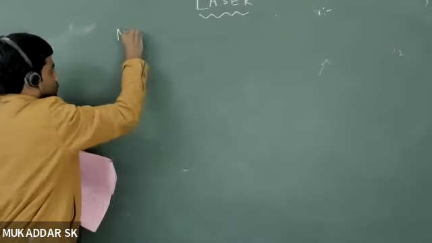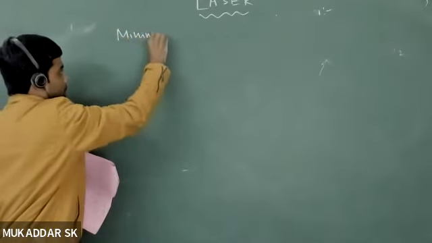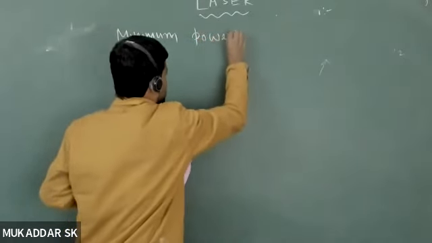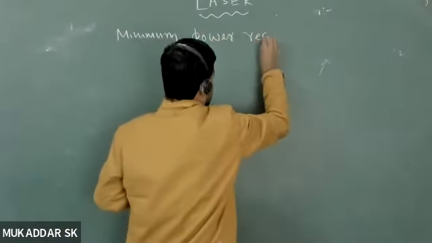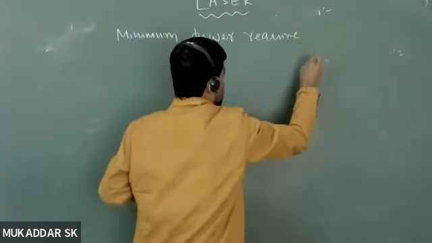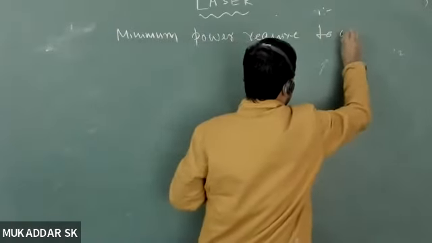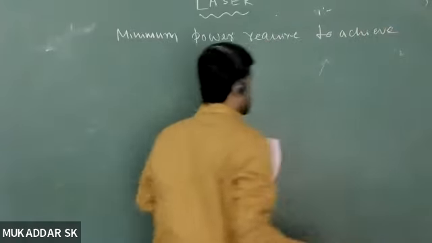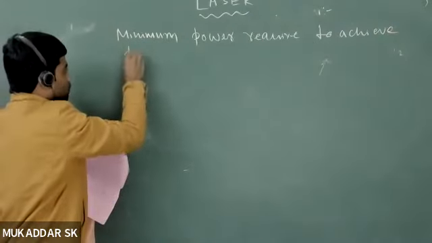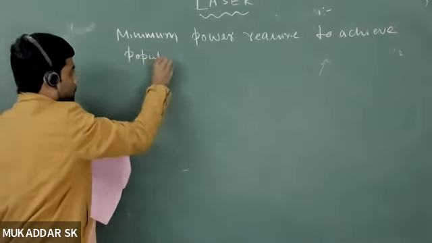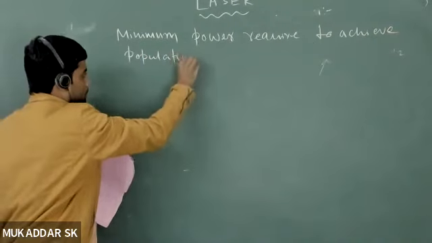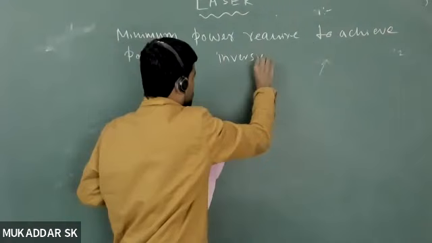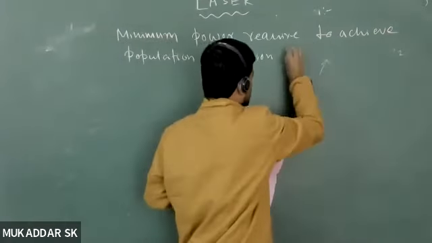And that topic is minimum power required to achieve population inversion in a Ruby laser.